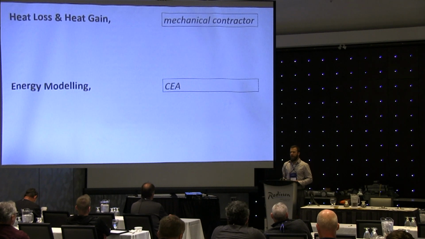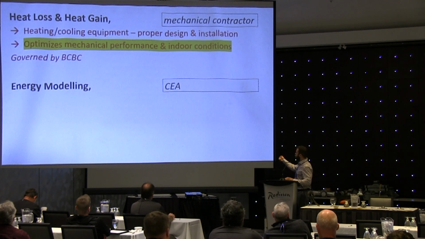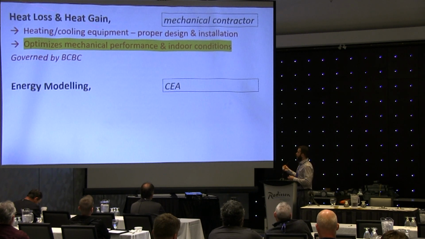Yeah, so basically what we can say is, so we'll just go back here. Mechanical contractor, what they want to do is optimize the mechanical performance of the building and, you know, make it comfortable, make the indoor conditions right. It's about design. Their calculation forms the basis for design.